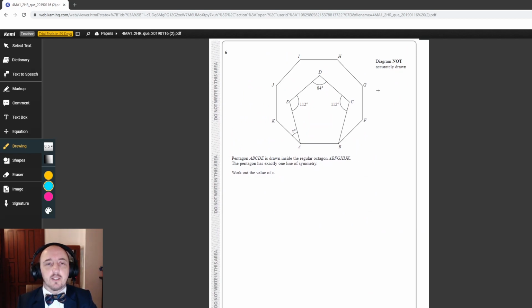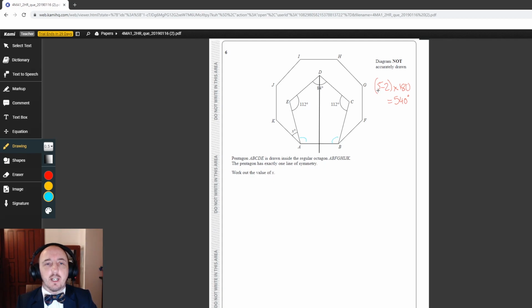Question 6, we have an octagon and a pentagon inside, but the pentagon is not regular. So we have to bear that in mind when we're doing our calculations. If we recall, the interior angle sum for a pentagon is 5 minus 2, number of sides minus 2, times 180, which equals 540 degrees. And we have a line of symmetry going down the middle. All that does is tell us that these two angles here, A and B, are going to be the same.